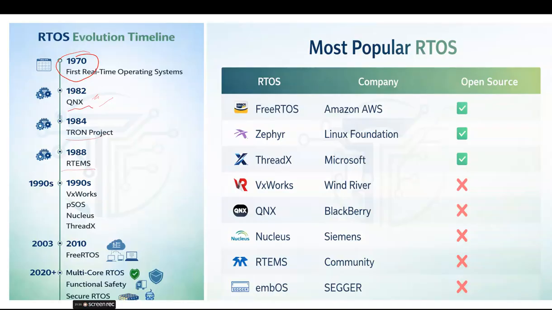Then came Trojan and RTMS, VxWorks, pSOS, Nucleus, ThreadX, and in 2010 FreeRTOS was introduced, then multi-core RTOS, and now we have too many RTOSes. The most famous ones are FreeRTOS, Zephyr, which you might have heard of, ThreadX, VxWorks, QNX. These RTOSes are backed by companies. Nucleus is backed by Siemens and Embos is backed by Segger.